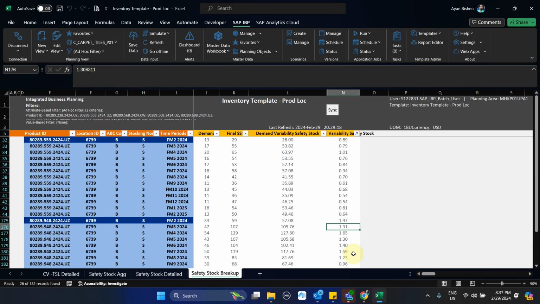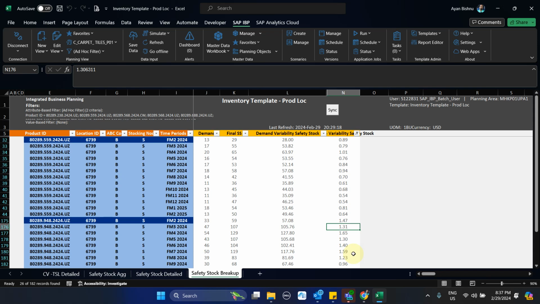With a poor error CV, I will have a higher safety stock, because the system thinks that my forecast accuracy is poor and I need more safety stock to cover this uncertainty.